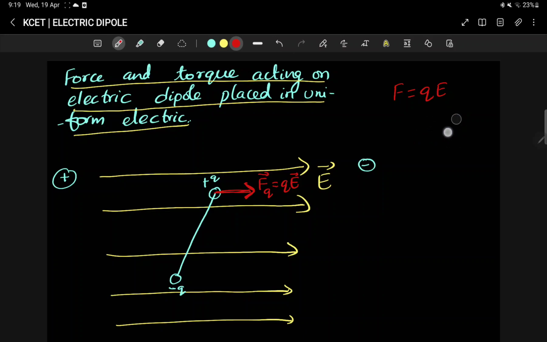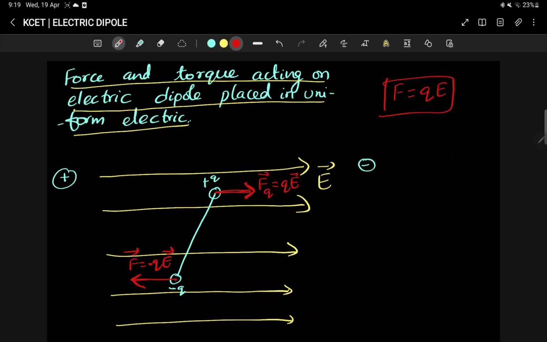So F is equal to qE. On the negative charge, the force will be attractive, acting in this direction. So F is equal to minus qE, because it is negative charge and F is opposite to electric field. That's why we write minus sign here.